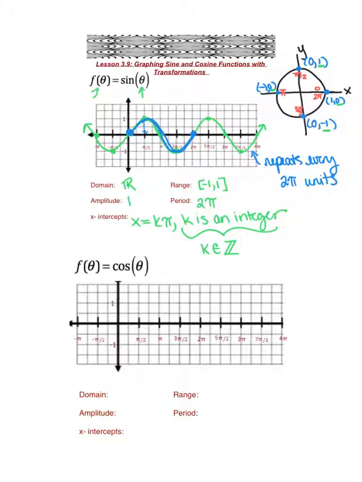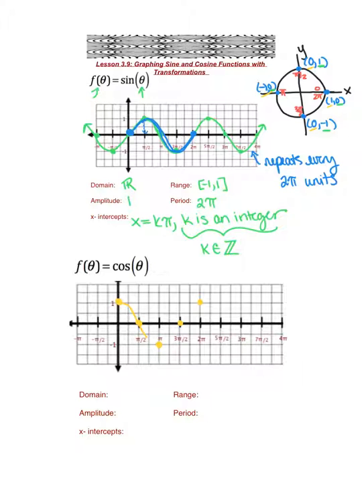So cosine is the x values on this unit circle, so I'm underlining them there in yellow. So cosine of 0 is 1, cosine of pi over 2 is 0, cosine of pi is negative 1, cosine of 3 pi over 2 is 0, and cosine of 2 pi goes back to 1.